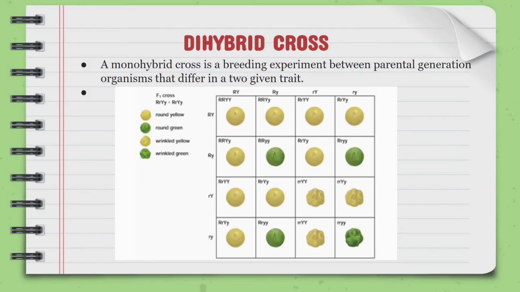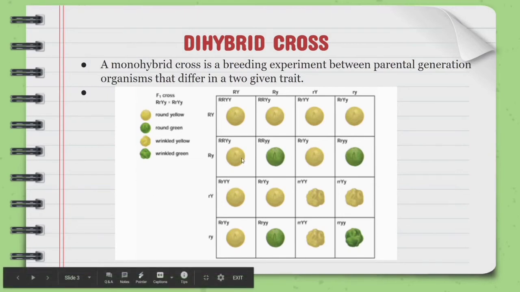Then you self the F1 offspring, and all these will produce 4 sets of gametes. When they cross, you get the second generation of offspring.